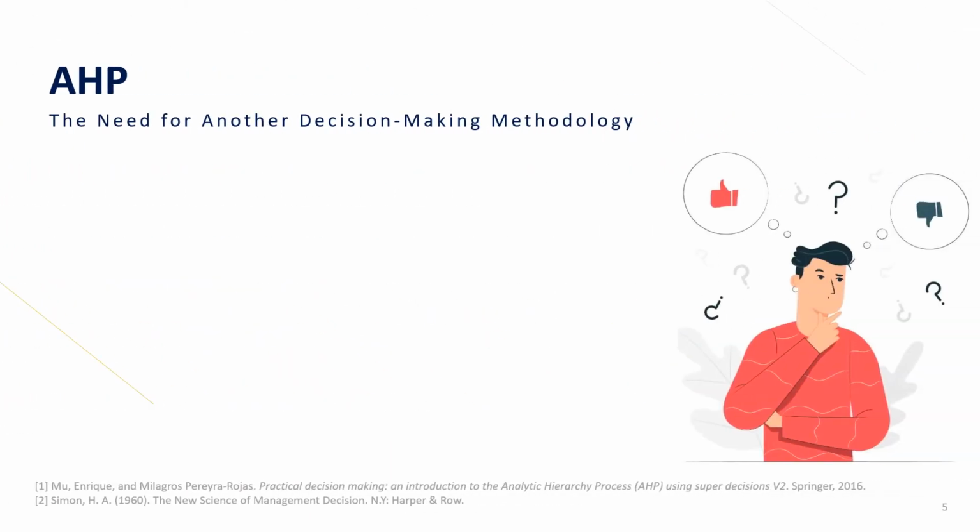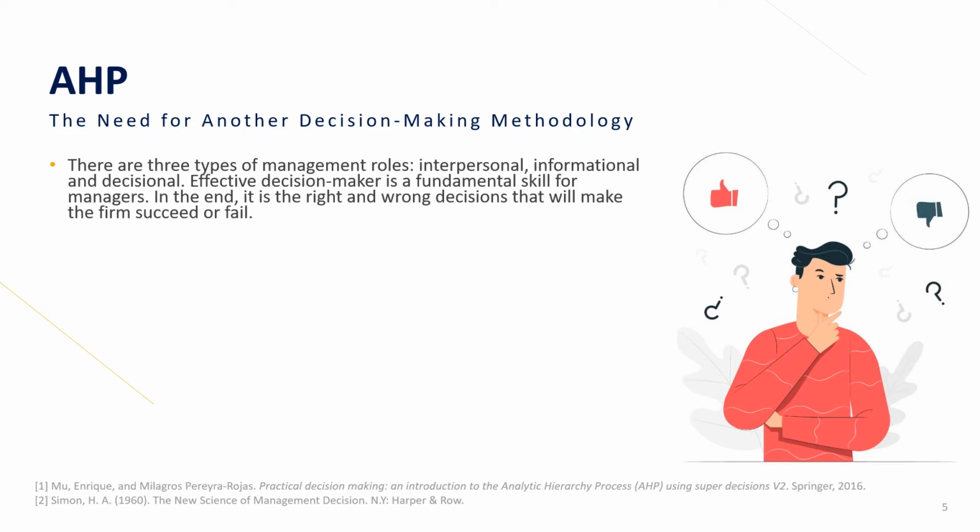First of all, we will discuss the need for decision making methods. At the managerial level in a company, we can categorize three types of manager roles: interpersonal roles, informational roles, and decisional roles.